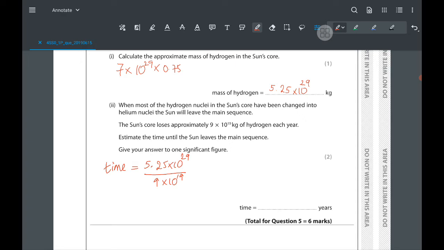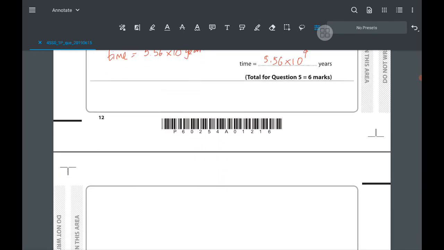So we can say time is equal to 5.56 × 10^9 years. You can round it if you want. Okay. Next question.